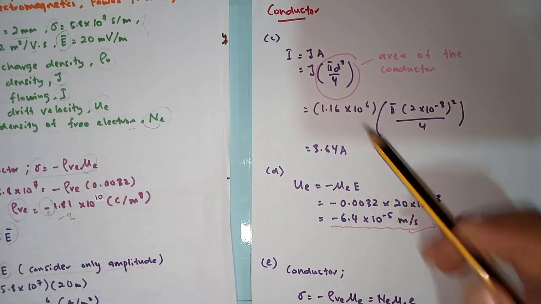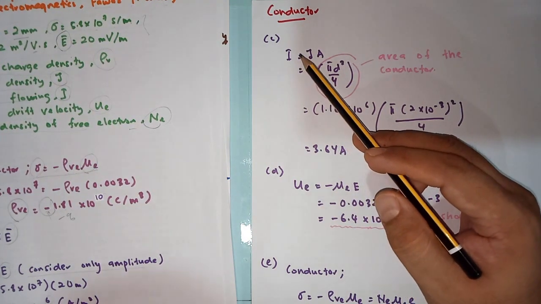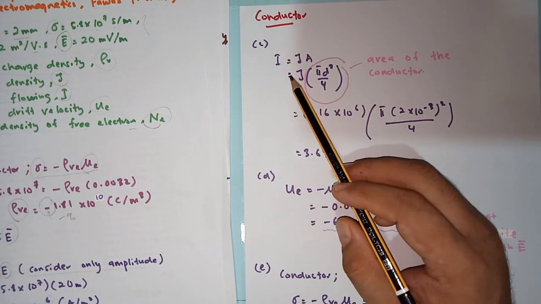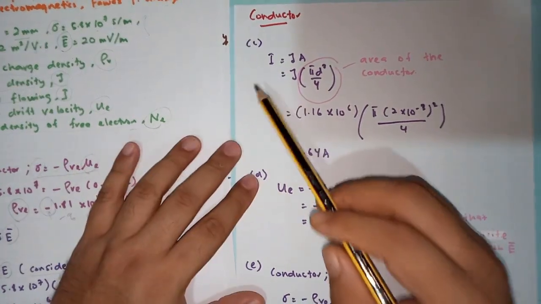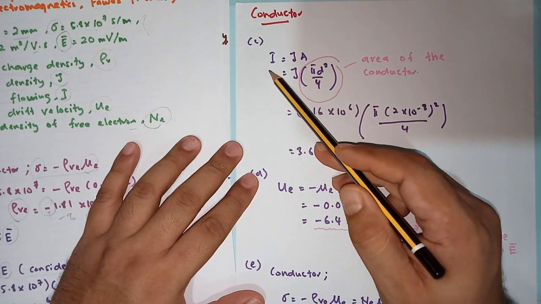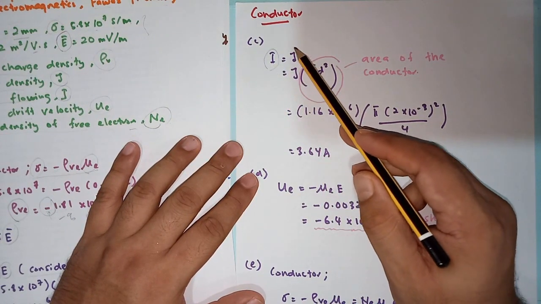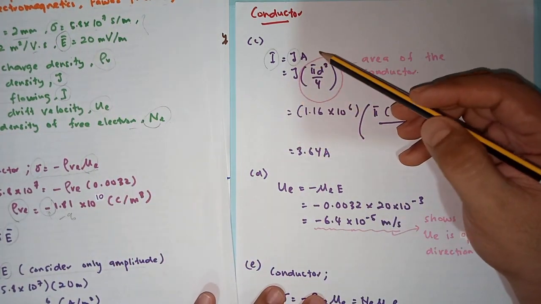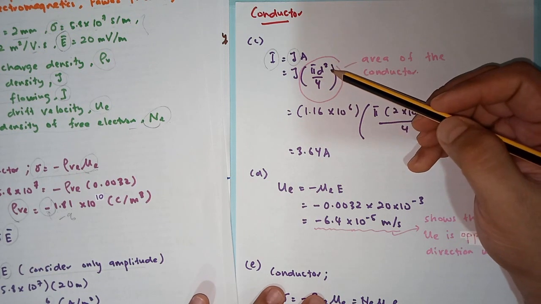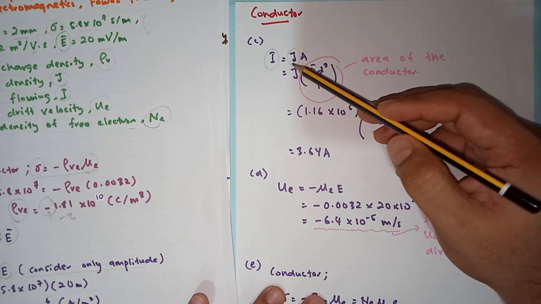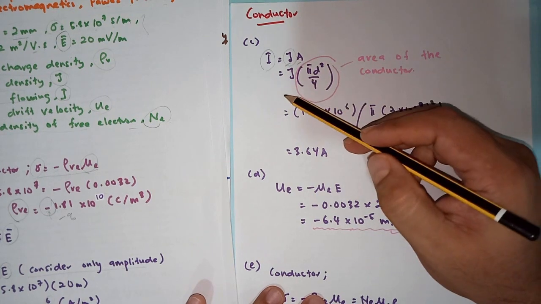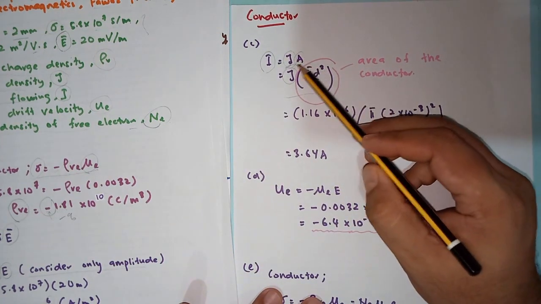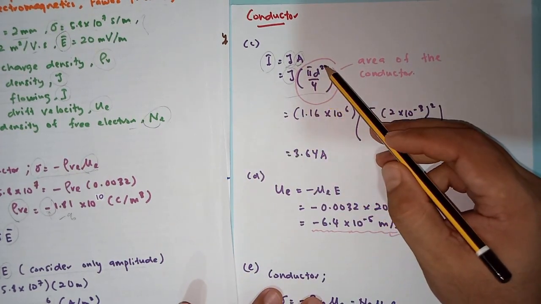For question C, the question asks us to find the value of the current flowing, or the conduction current. As we have learned before, in order to find the value of I, we have the value of J that we just calculated, and the diameter of the copper wire given in the question, so we can find J and the area A. Using this equation, J is what we have just now, and the cross-sectional area is equal to pi d squared divided by 4.